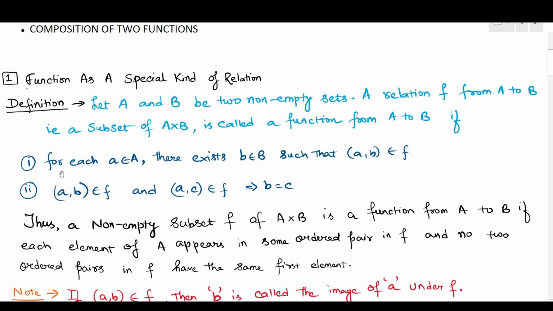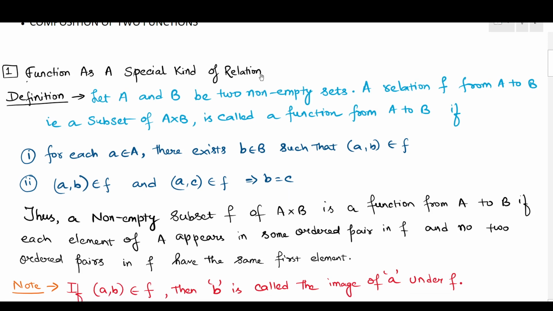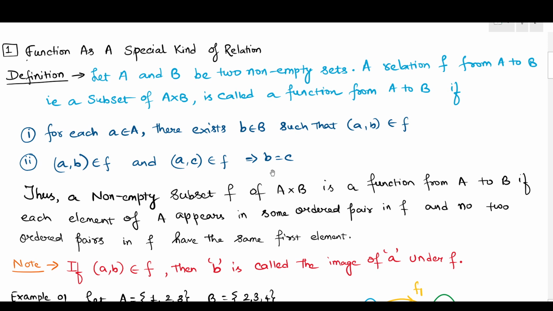First condition is, for each a belonging to the first set A, there exists b in the second set B such that this ordered pair (a, b) belongs to F. And the second condition is that if this ordered pair (a, b) belongs to F and (a, c) belongs to F, then b equals c. Means how to identify whether a relation is a function or not.